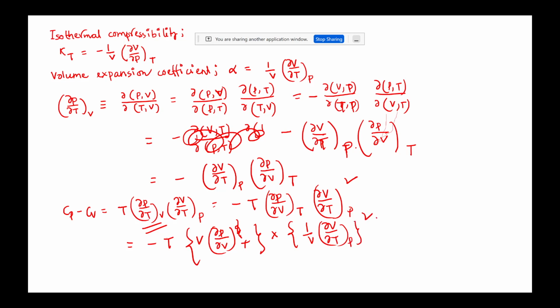So I have added 1 by V here because there is one V, there is one V square, 1 by V square, so that will be 1 by V, so I have to multiply with V. Now this thing is 1 by kappa T, so this will be minus T by kappa T, and this is alpha square, and this is V. So now it comes to be, okay, so the minus will be absorbed here, so the minus will be gone, so this will be T alpha square V divided by kappa T.